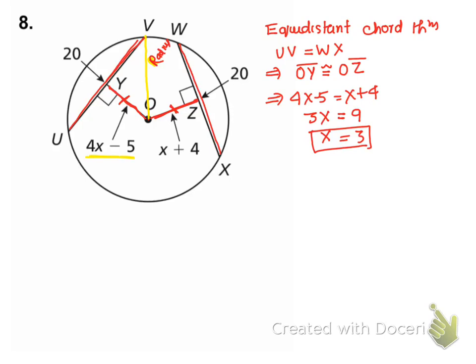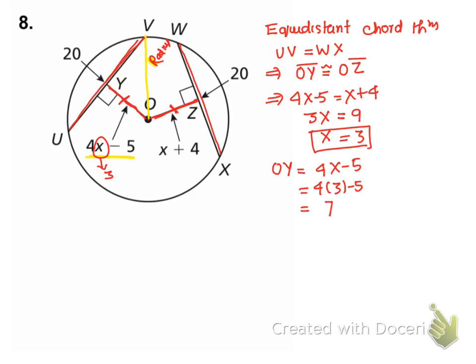We are going to plug it in here. So that's going to be 4, and then replace this x by 3. So I can get my OY. OY is 4x minus 5, and that is 4 times 3 minus 5. That is 12 minus 5, and that is 7.